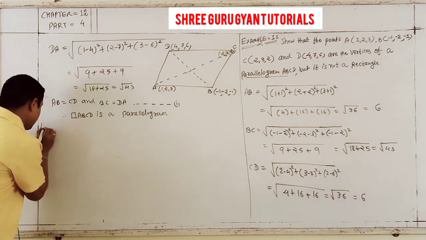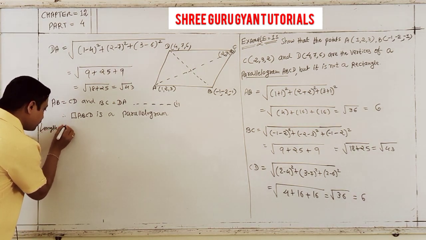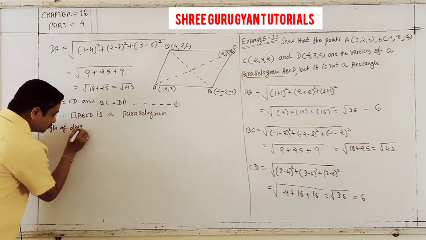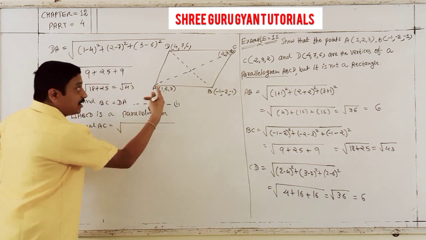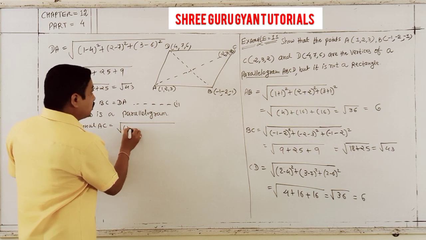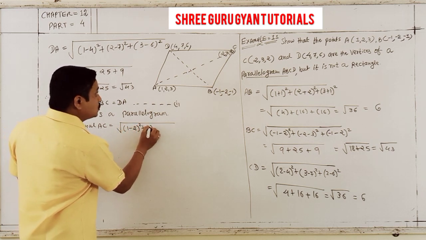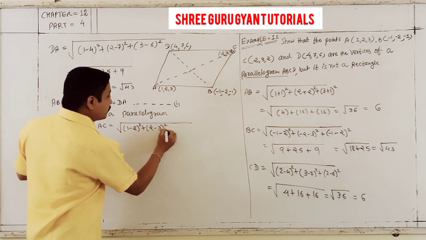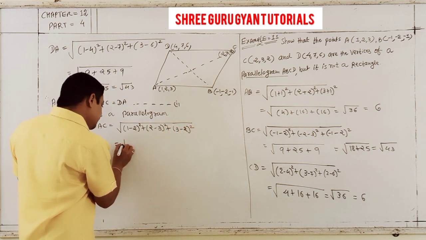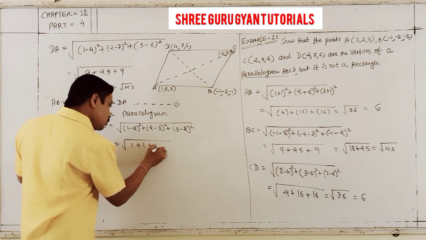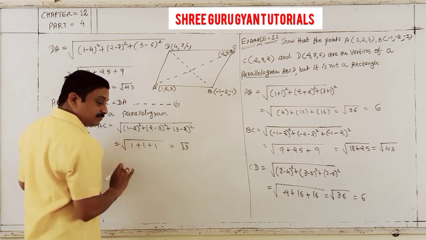So the length of diagonal AC. So students, A to C, apply the values: 1 minus 2, 2 minus 3 and 3 minus 2. So it will be going here 1, root 3.